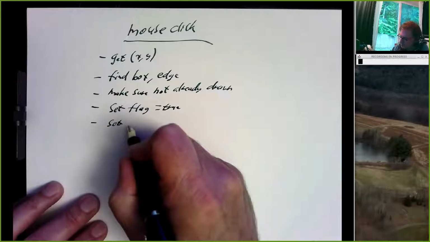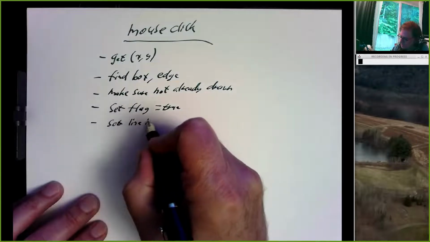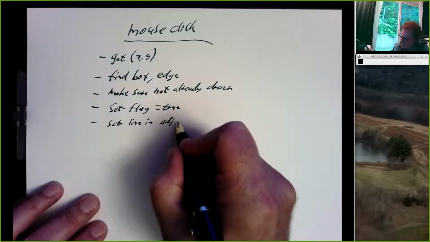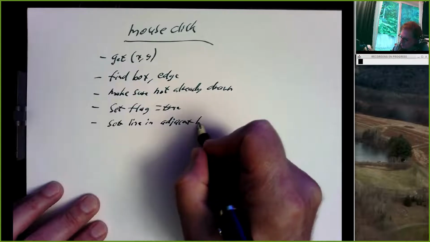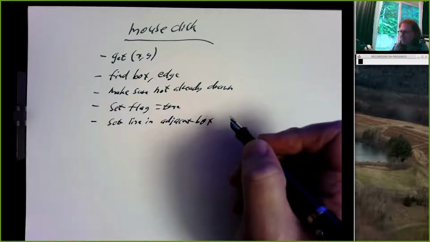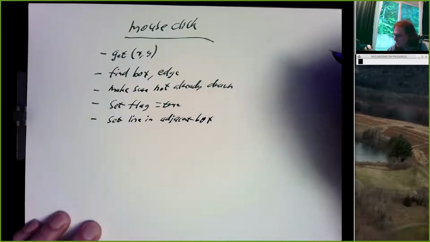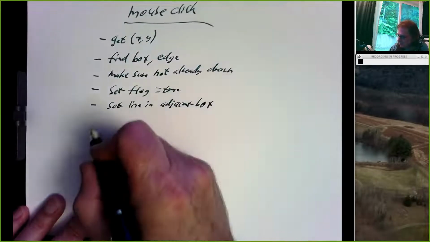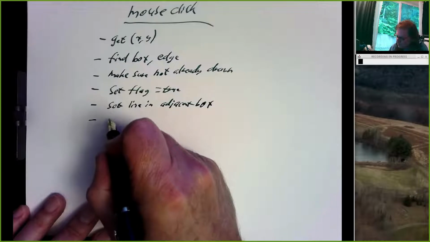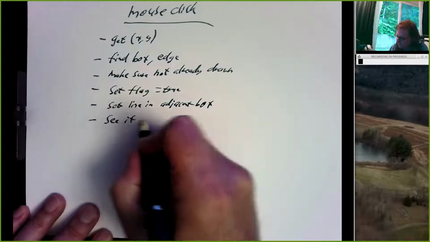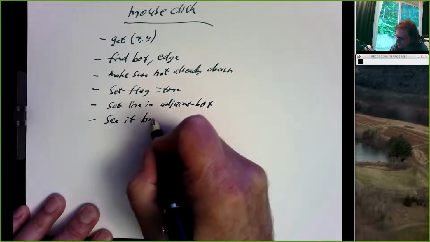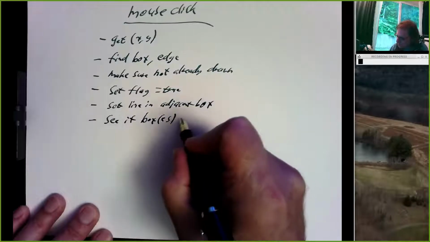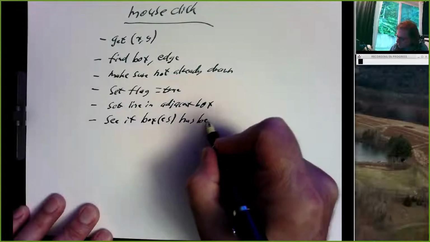Set line in adjacent box. So unless you're at the edge of your boxes, look in the adjacent box and set that corresponding flag to be true. See if box or boxes has been completed.